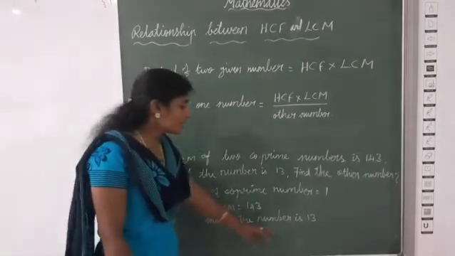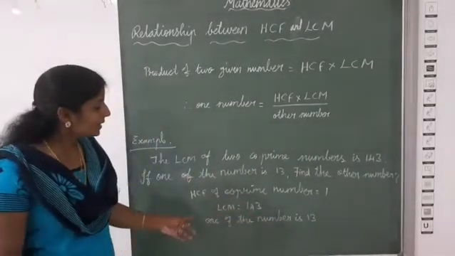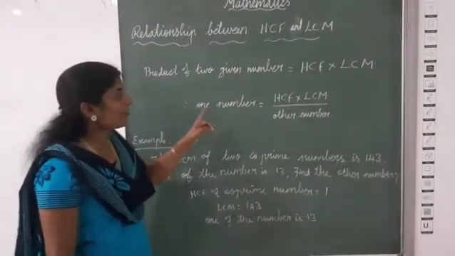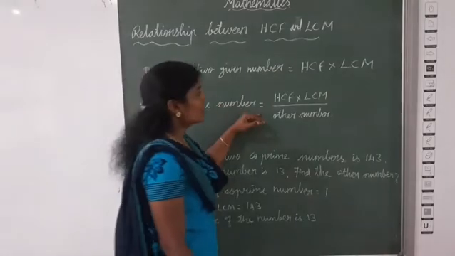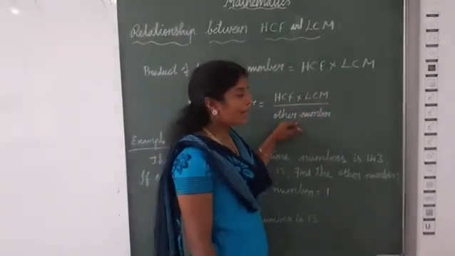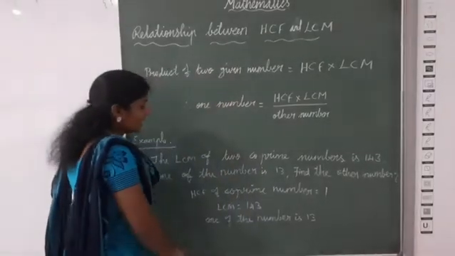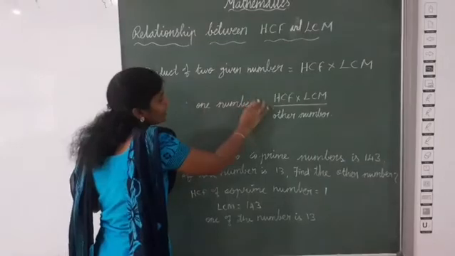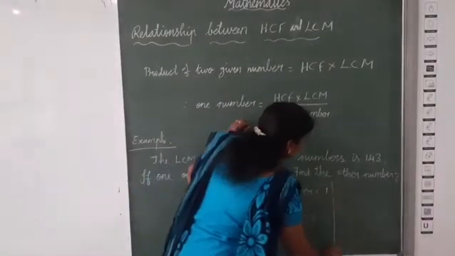What is the formula? One number is equal to HCF into LCM by the other number. Now we can take this as one number, this as another number. We want to find this number, so we can use this.